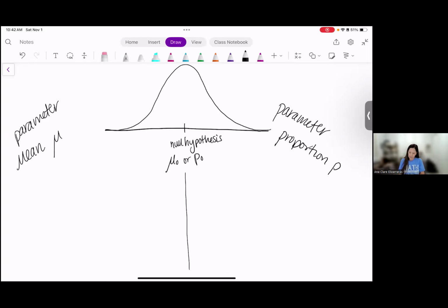We are calculating a T statistic for means or a Z statistic for proportions, which is a Z-score or a T-score. And then we're finding out where that Z-score or T-score lives in our distribution, how far away it is from the null hypothesis, and then determining the likelihood of that happening randomly by chance.